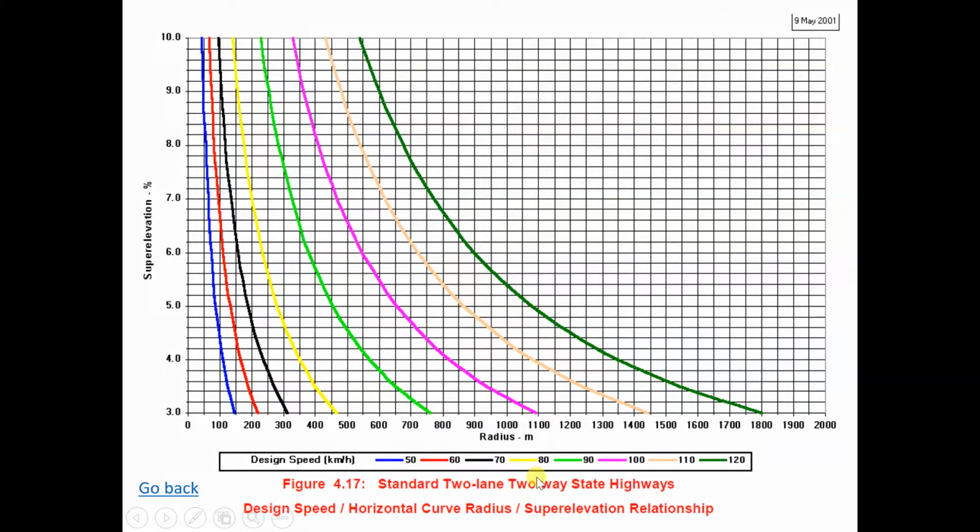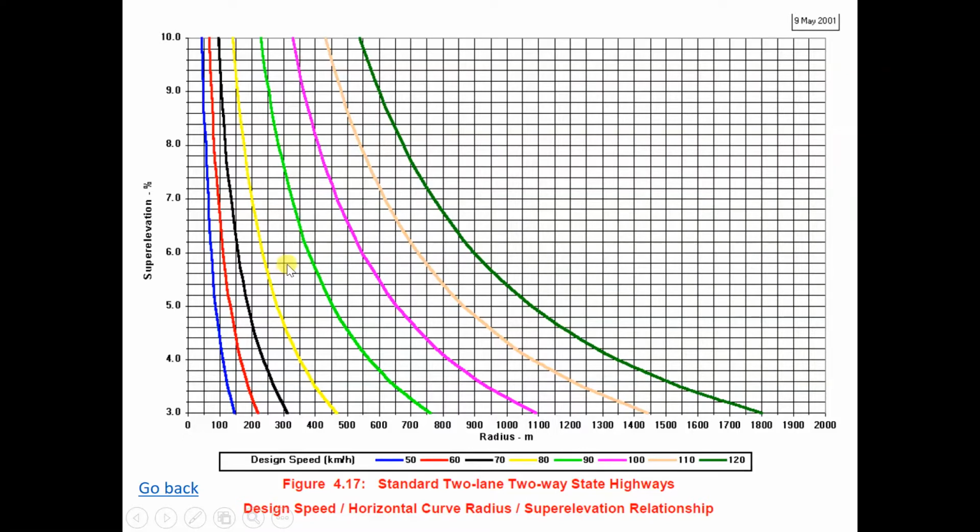So 74 is between the yellow and the green, between 70 and 80. This is 70, this is 80. So the radius is 300. We project the line up, and 74 is probably about here.